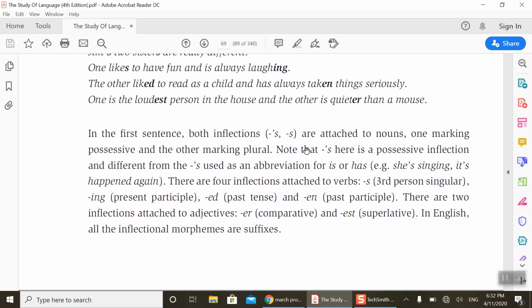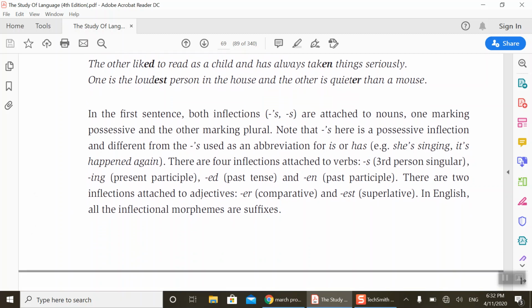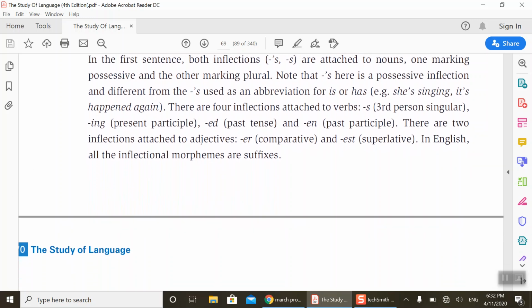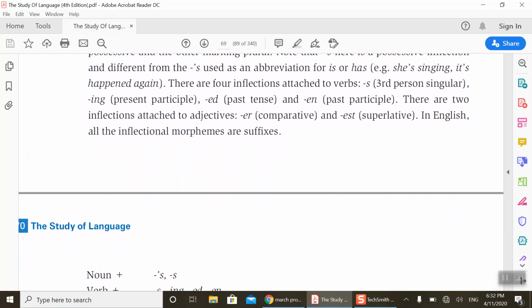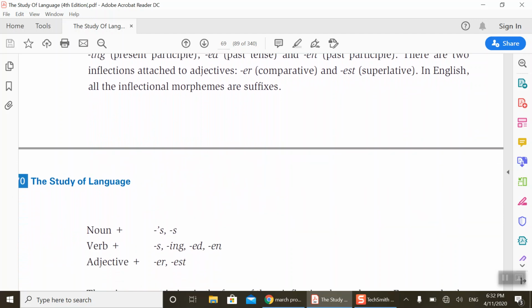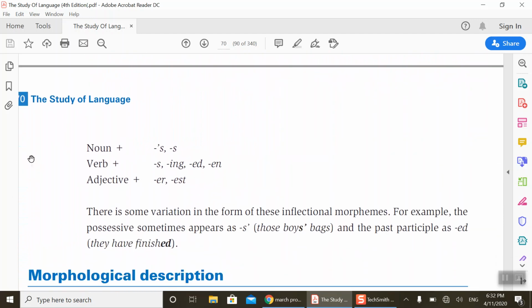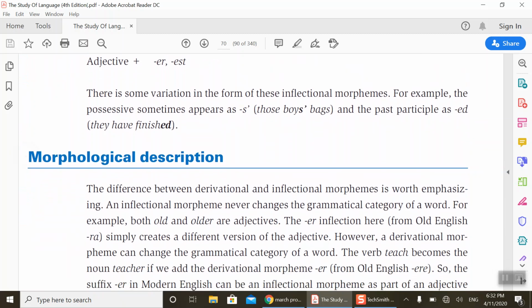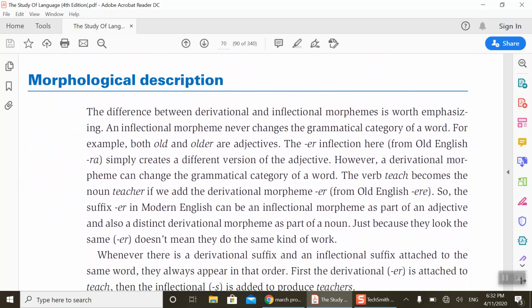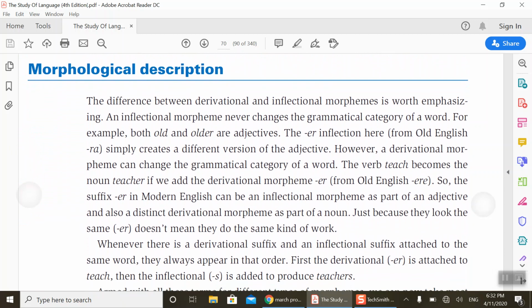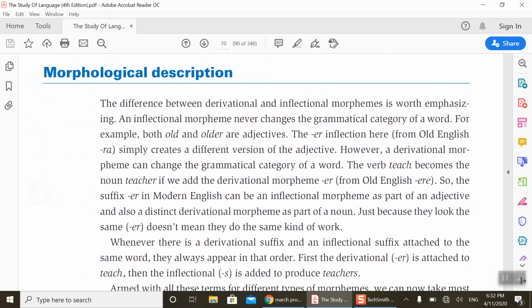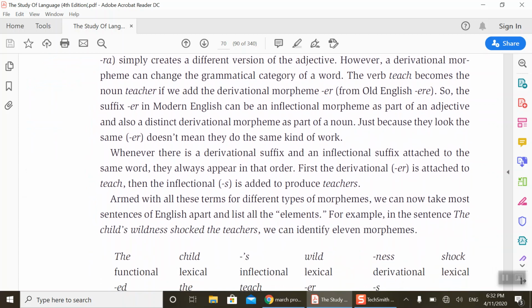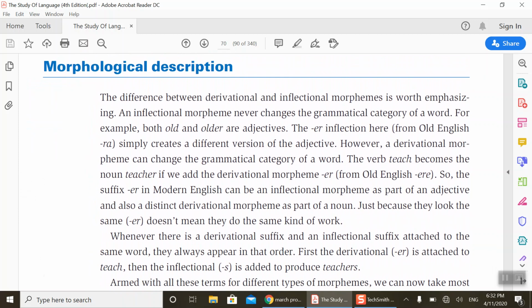Here we have an explanation, you can read it. Morphological description. Yes, this is very important.